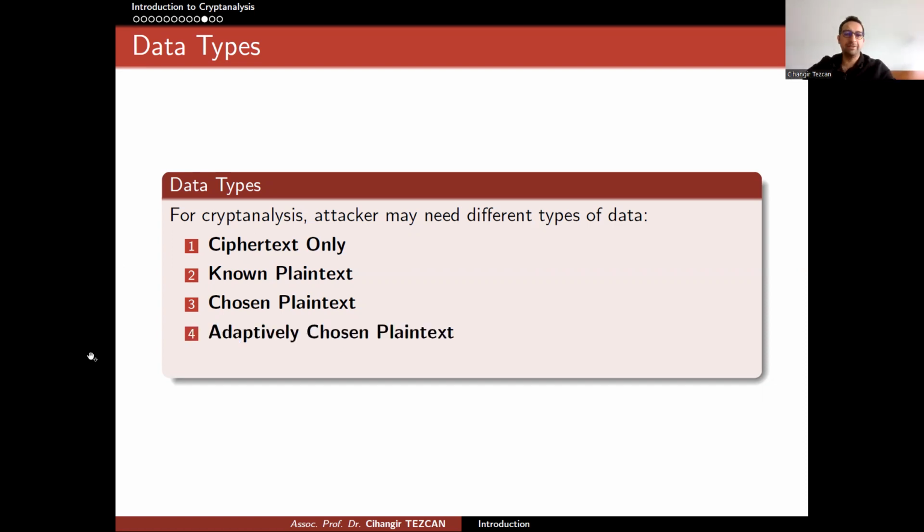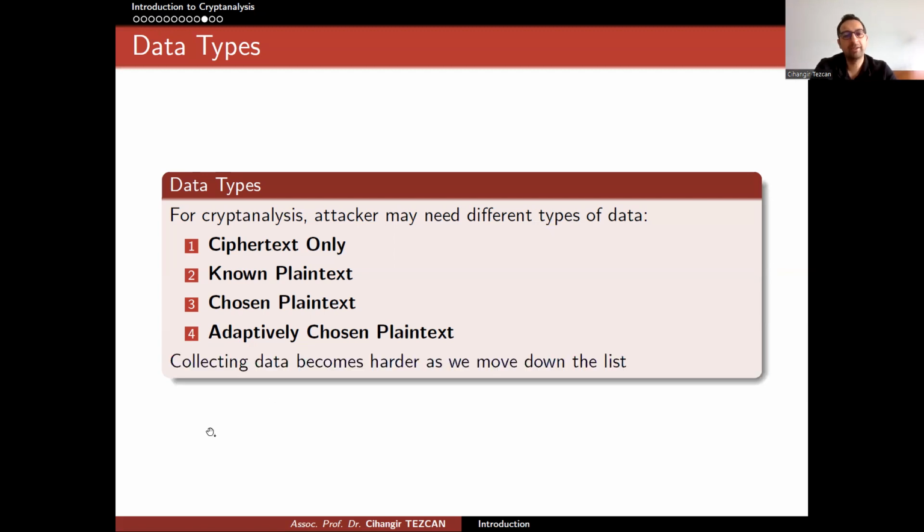Another attack scenario is as follows. You choose the types of plaintext you need, you capture them, you perform some operations, and depending on your results, you ask again for plaintext, but the choice now depends on your calculation results. This is called adaptively chosen plaintext.